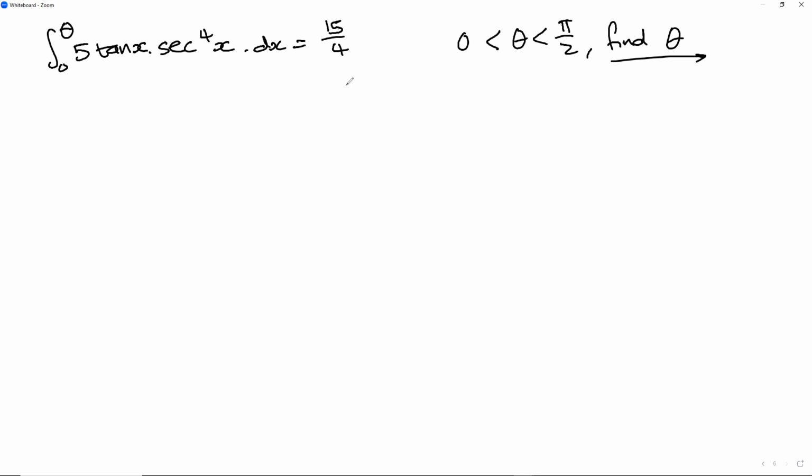Okay, so I'm going to let I equal this, and I'm going to consider y equals sec to the power of 4 x.